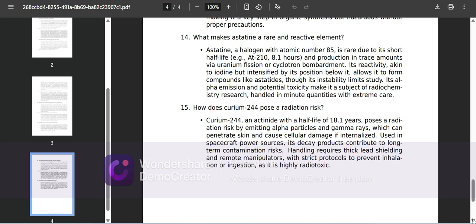Its decay products contribute to long-term contamination risk. Handling requires thick lead shielding and remote manipulators with strict protocols to prevent inhalation or ingestion, as it is highly radiotoxic.